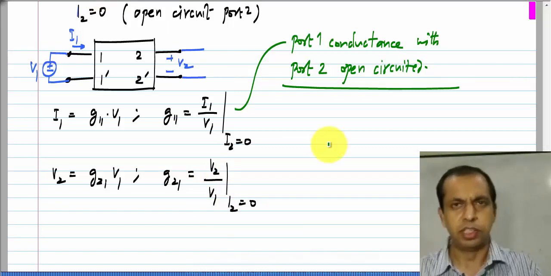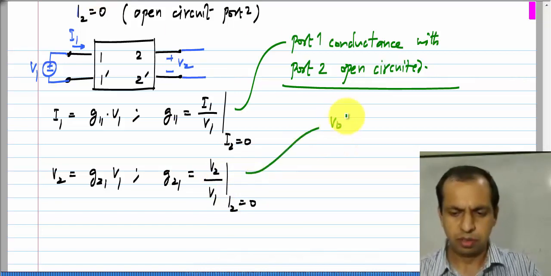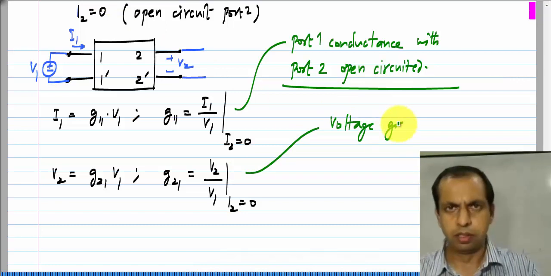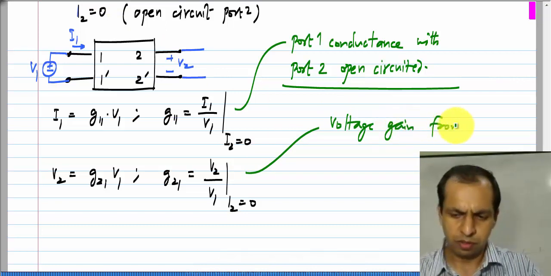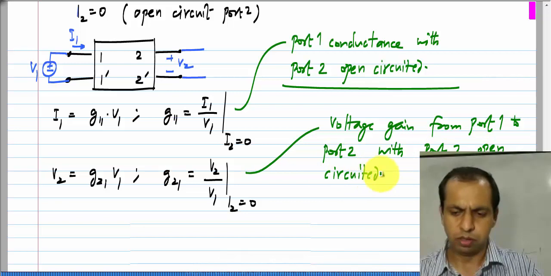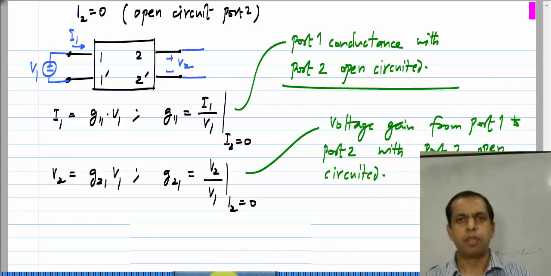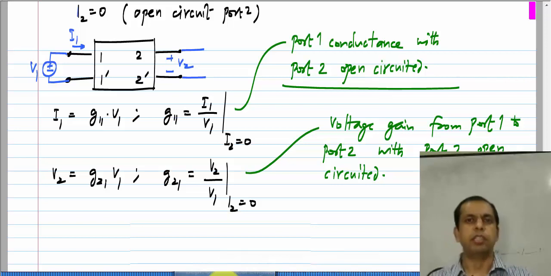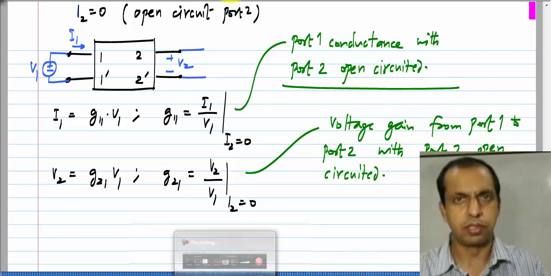So, this G 2 1 is nothing but the voltage gain from port 1 to port 2 with port 2 open circuited. So, very similar to whatever we had earlier, and naturally G 1 1 has dimensions of conductance and G 2 1 is dimensionless.